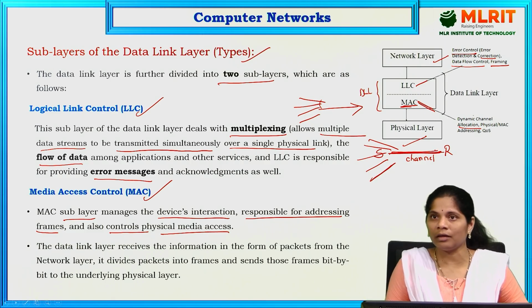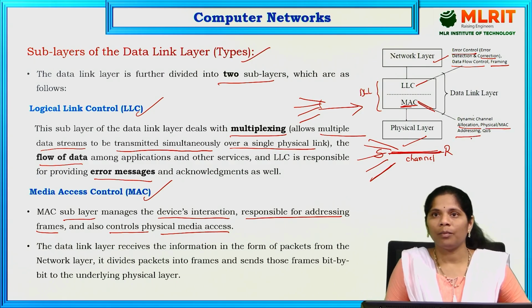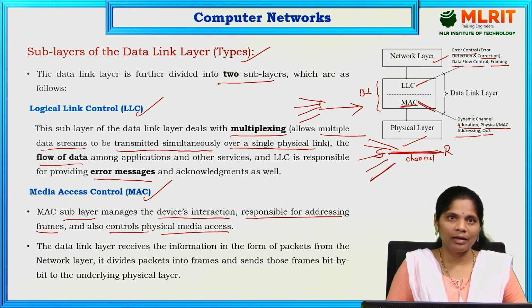That comes under dynamic allocation. At the same time, physical and MAC addressing, meaning which device I have to send the data to using the MAC address only, and quality of service. These all come under the MAC layer, the media access layer.